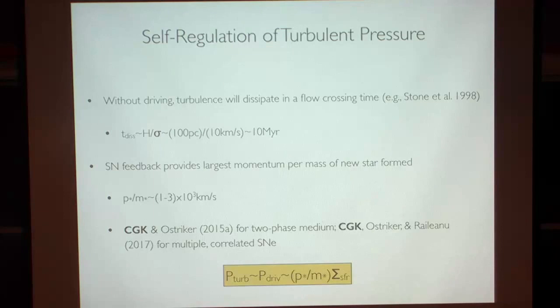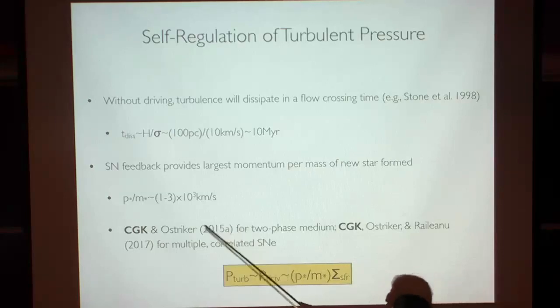And also, we always observe this kind of high level of turbulence. This turbulence is mainly driven by some momentum injection from massive young stars. And among them, the supernova feedback provides the largest momentum per mass of new star formed.